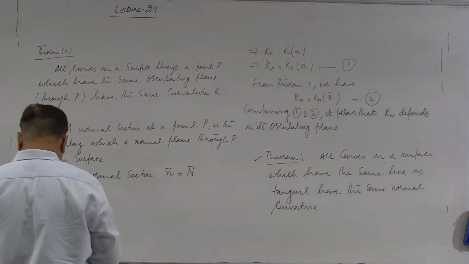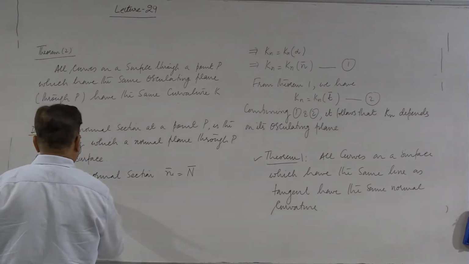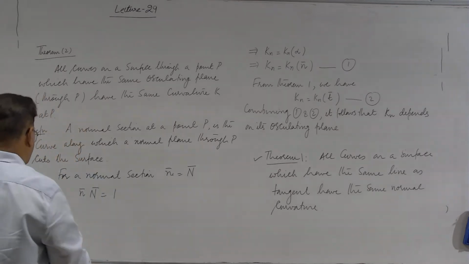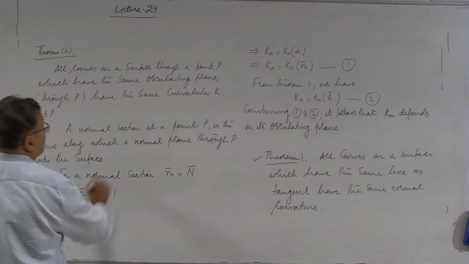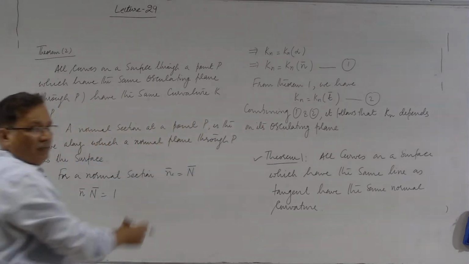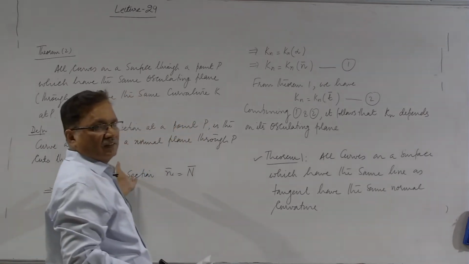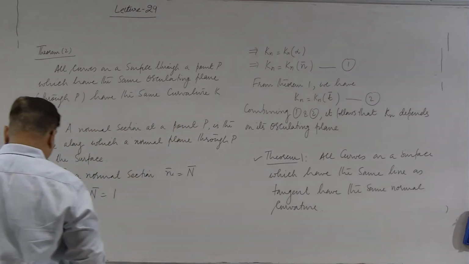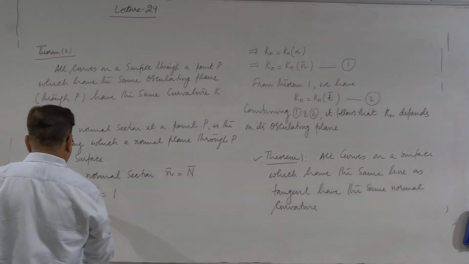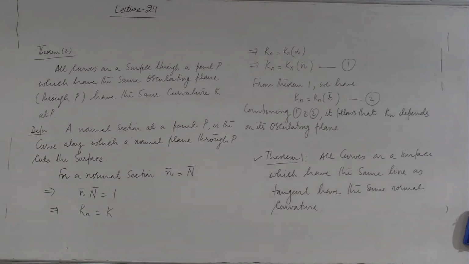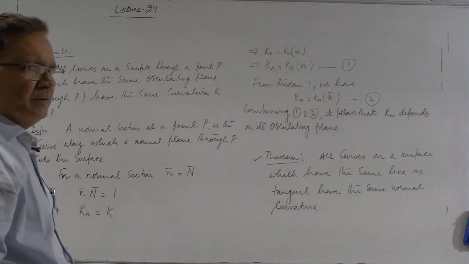So, n dot N will become 1, and that is why from there Kn equals K cos alpha. So, that is why I said that they have the same curvature. This implies Kn equals K. So, if you have a normal section of a surface, the normal curvature and the curvature will become the same.